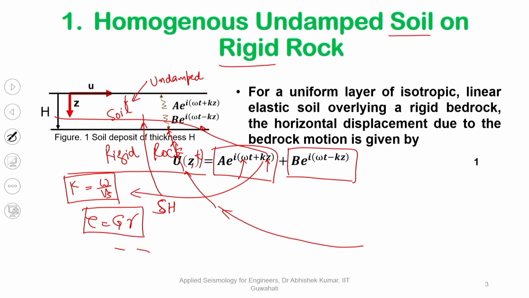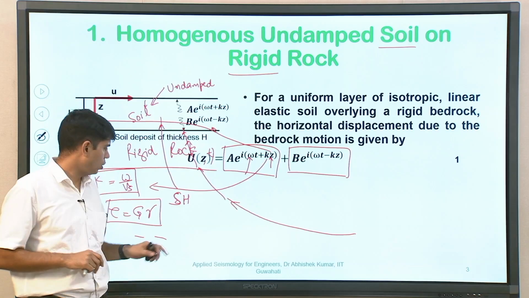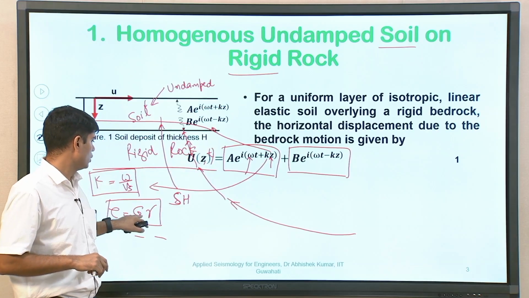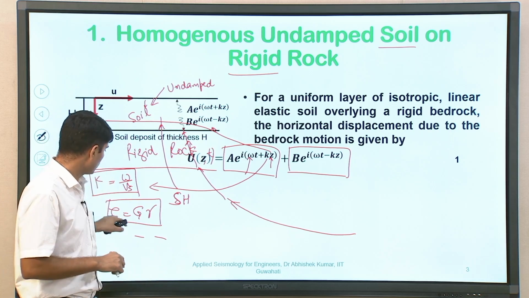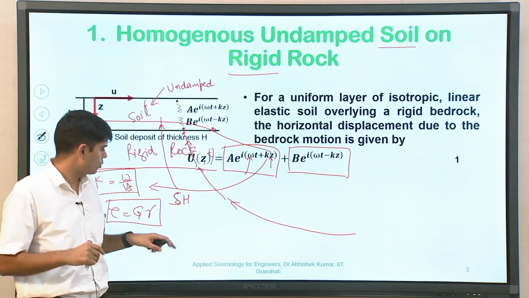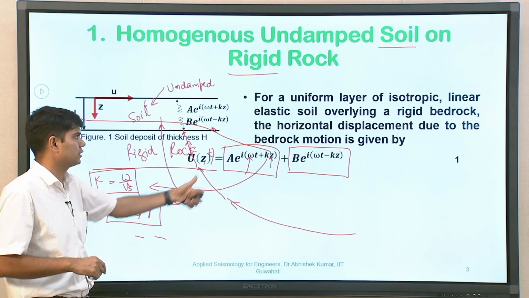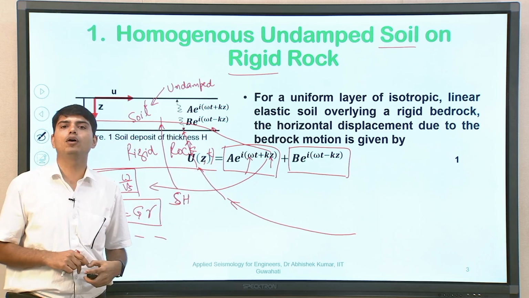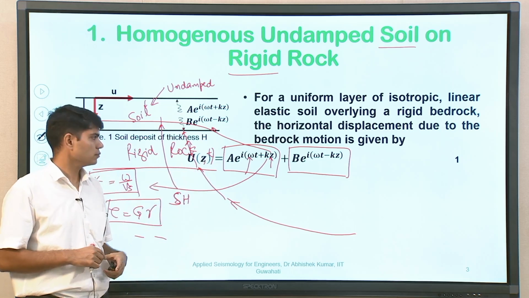Referring to the problem definition, again we are talking about an undamped system. So, you see over here, if we recollect KV solids, some component of stress was coming from the shear modulus, and some component of stress was coming from the damping or damper. But in this particular case, it is only the elastic spring which is going to offer resistance or mobilize the stresses in the medium, given in terms of the elastic spring or the value of shear modulus.